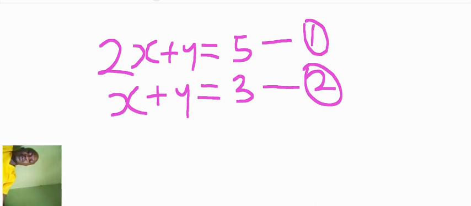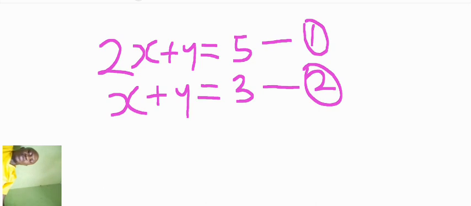So let's go to the steps. Step 1 says that we should isolate a variable in one of the equations, or we make a variable the subject in one of the equations. Now, looking at these two equations, we have variable x in both equations, and we also have variable y in both equations. So this one depends on you.